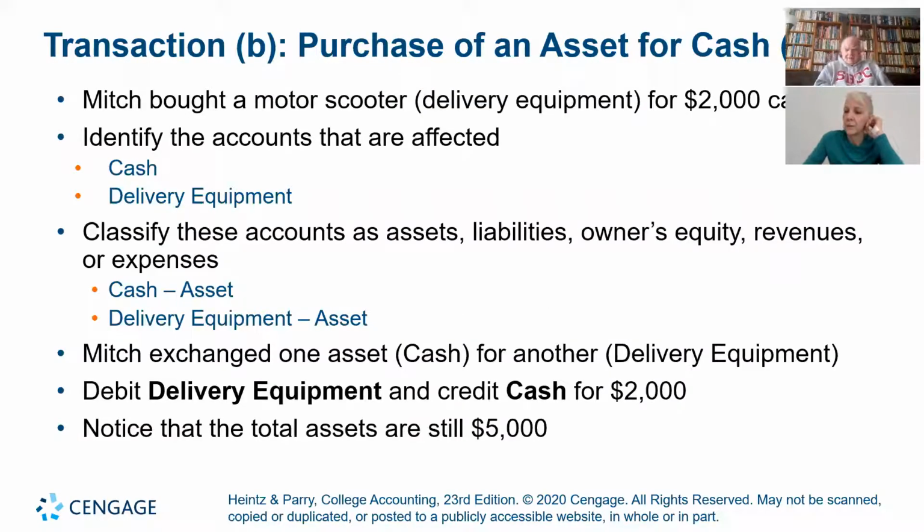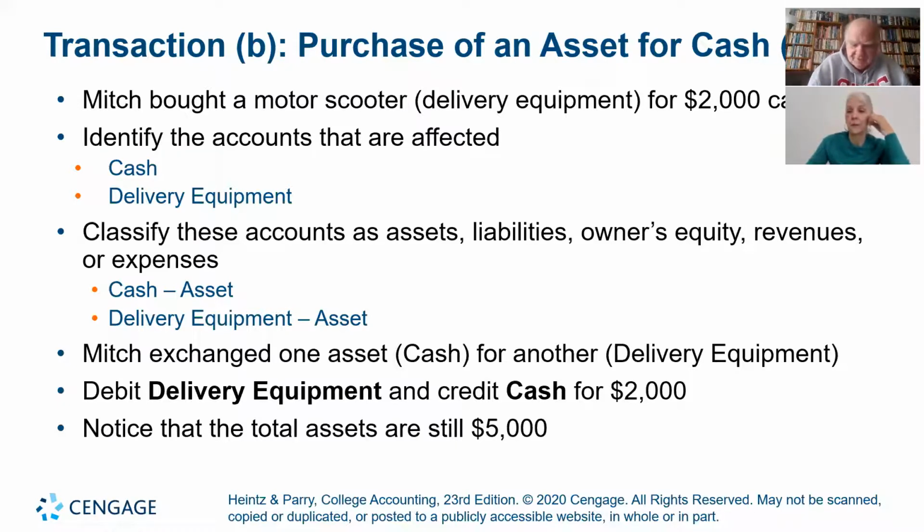Now he bought an asset for cash. That means our cash is going to go down, and he brought in some delivery equipment. These are both assets, so we're going to have a journal entry. Remember, you need at least one debit and at least one credit.